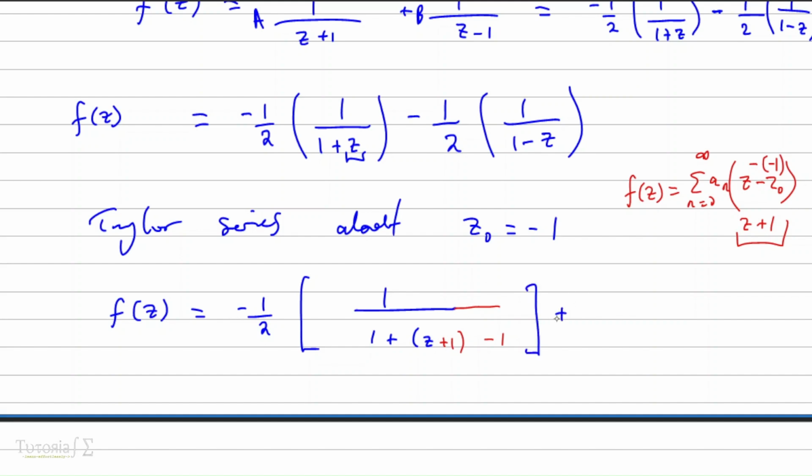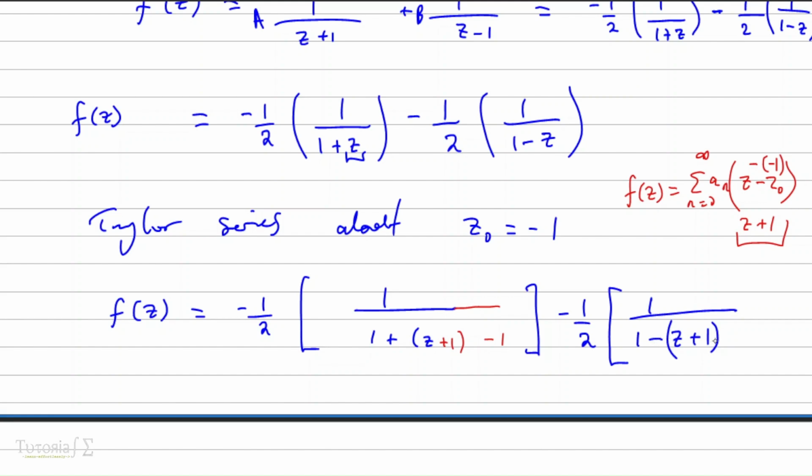Plus the other part, we have -1 over 2 as well. So here we have 1 over 1 minus, again here where there is z, we want z plus 1. The idea is not to change the meaning of the question. But we see that we have negative z, then -1.